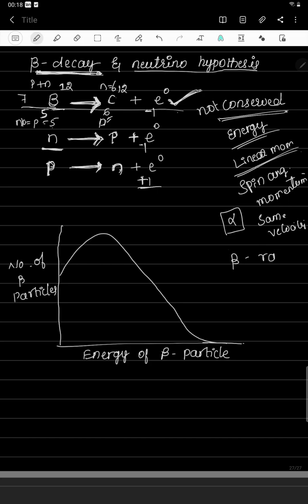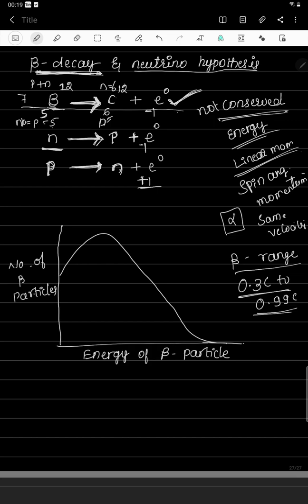There will be a range of velocity starting from 0.3c to 0.99c, where c is the velocity of light.